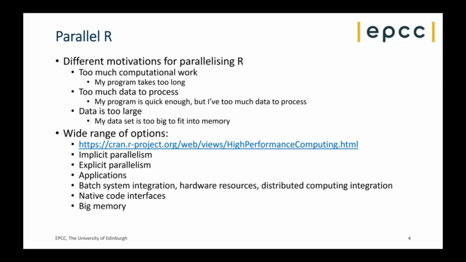It could be that you have particular requirements for computation, so my program takes too long. We're talking about individual computations taking a long time, let alone trying to run on a large number of data sets. And because they're taking a long time, you want to add more resources.